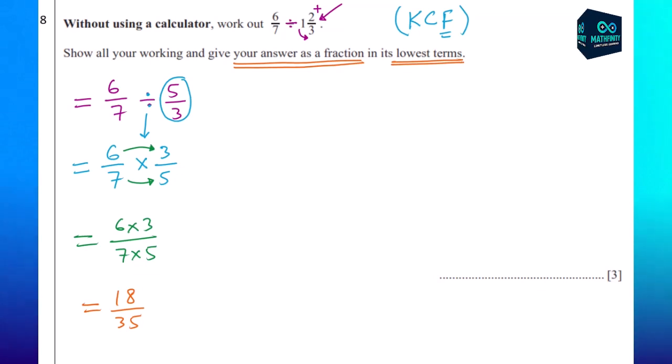Both numerator and denominator are not divisible by any table. 2, 3, 5, 6. No. So this is the final answer. We have to write in the given space 18 over 35. Hopefully guys you understand this question, the division question. Don't forget, in a division question we have to use the method KCF.